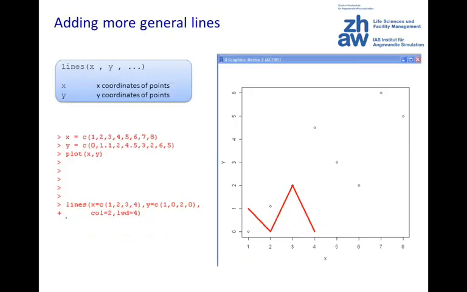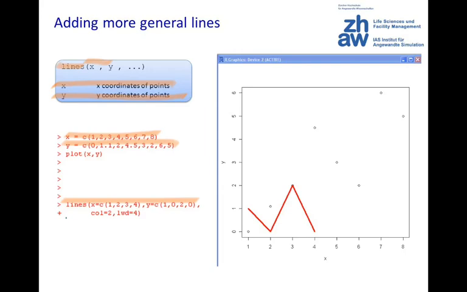Of course, it's not only straight lines that can be interesting. You can generally define lines by the command lines of x and y, where now x is a set of coordinate points and y is another set of coordinates, for example like this here. And now the command lines just specifies the single points that lie on the line.